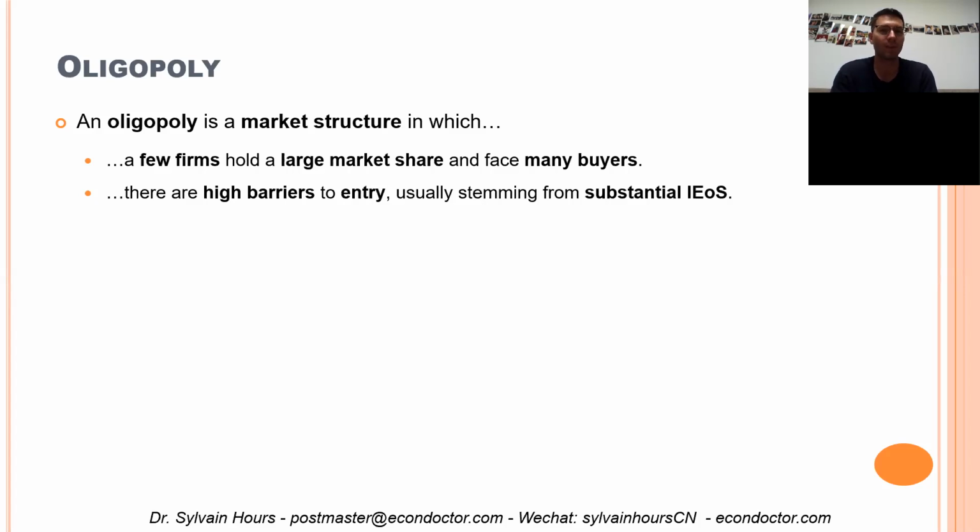But yes, a duopoly is not different from an oligopoly. It's just an oligopoly in which you have only 2 firms. Then it's just a matter of definitions. So if some textbooks want to define an oligopoly as a market structure where you have at least 3 firms, why not? But I don't really see the point of using this weird definition.